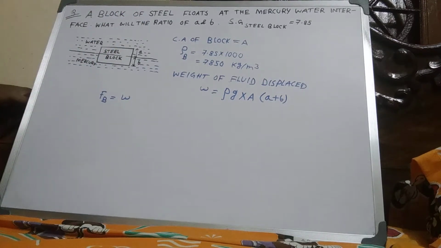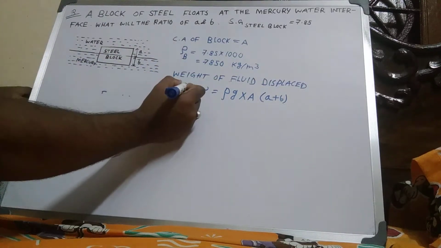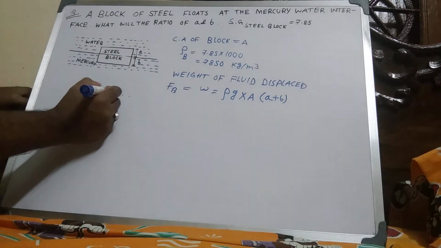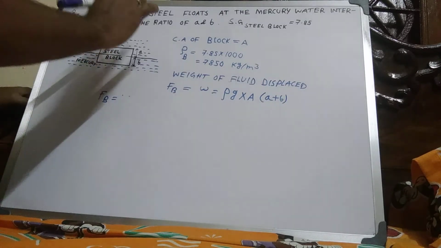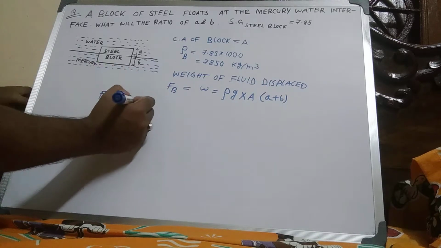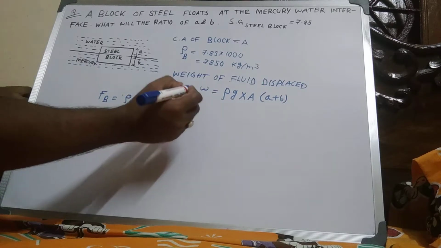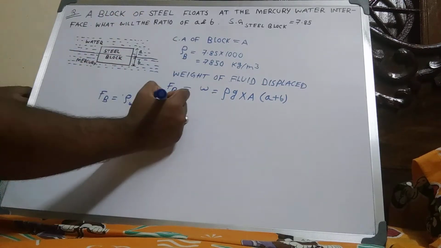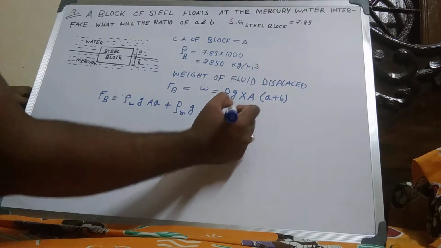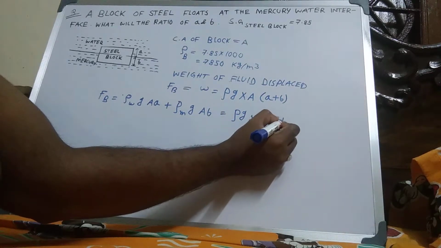This is the total buoyancy force of this portion: rho water into g into A into a, plus rho mercury into g into A into b, equals rho g A into a plus b.